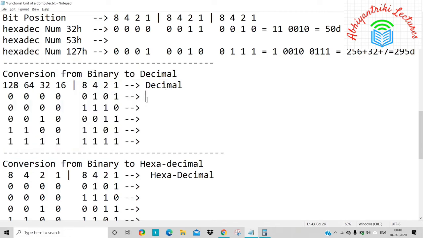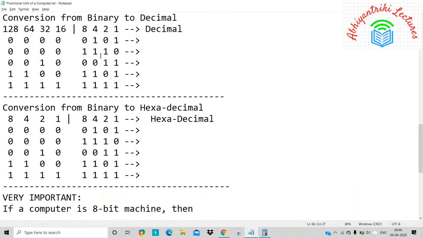In the previous example, we converted 53H to a decimal number. Now, conversion from binary to decimal. Wherever you see 1 here, pick those ones.